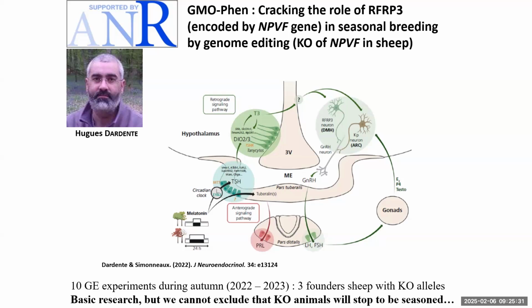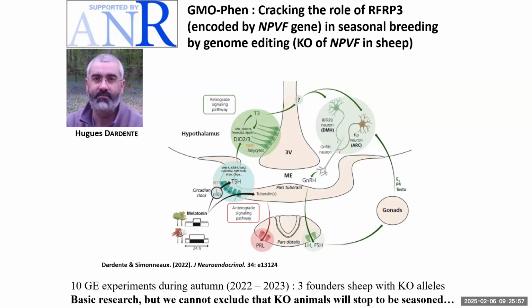In seasonal breeding, very briefly, we know that the primary signal at the basis of seasonal breeding is the circadian clock, the secretion of melatonin. And we know what happens with this circadian clock.